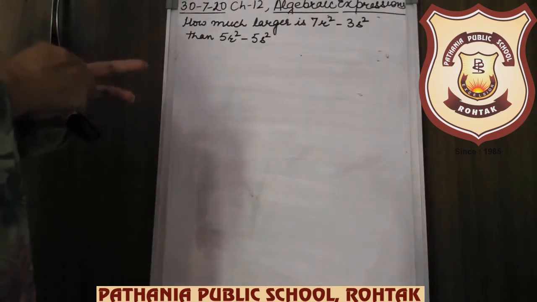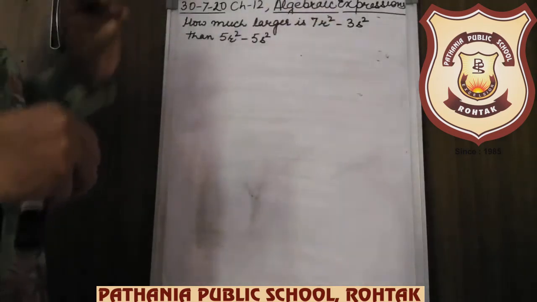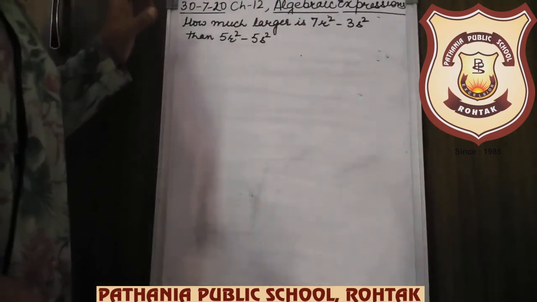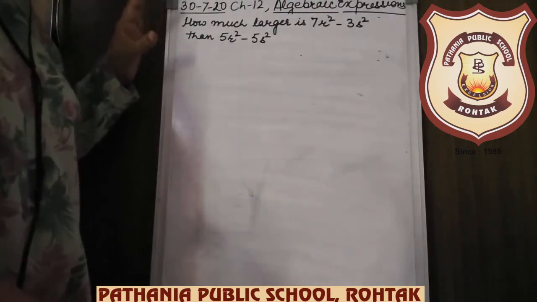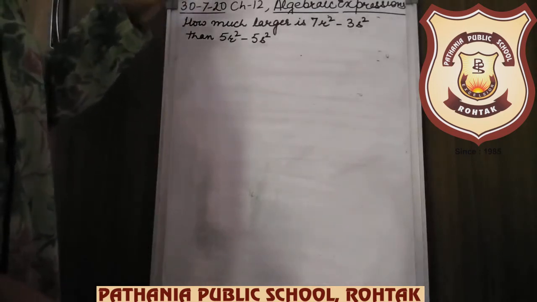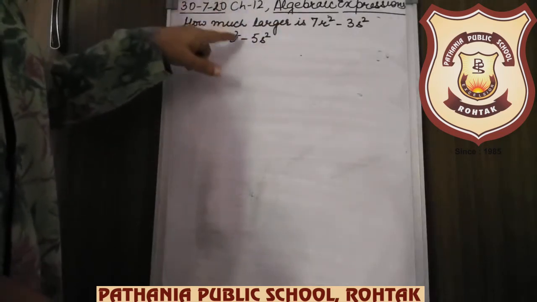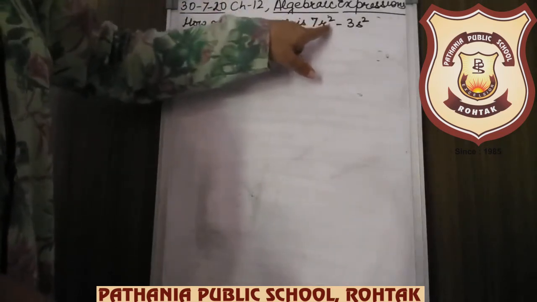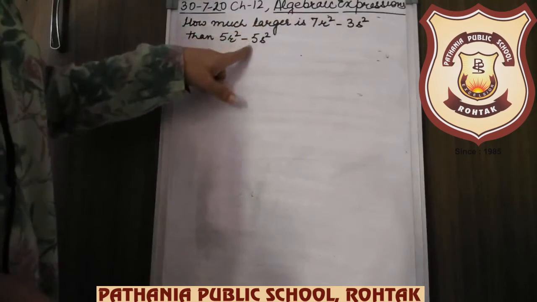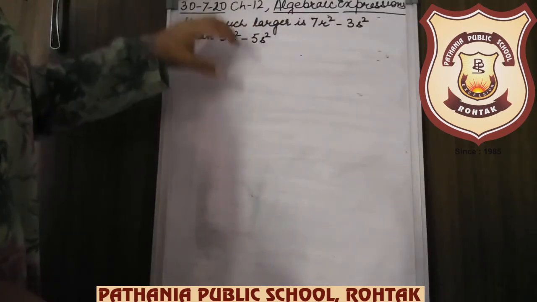Now, sometimes because of these expressions you might get confused. So you can frame your question in your own language, and instead of writing these expressions, you can write them as natural numbers.